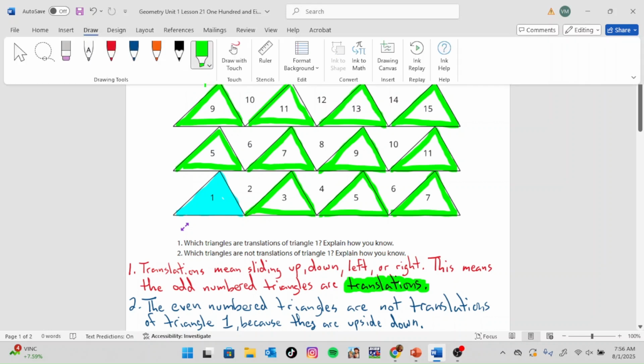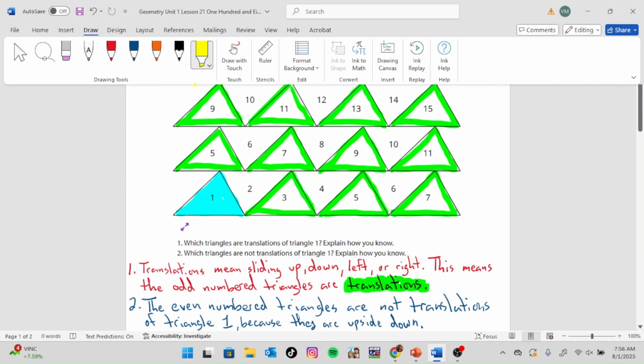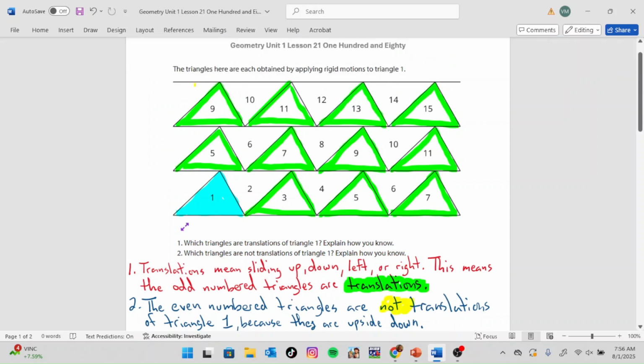So to make this clear, I'm going to highlight not translations in yellow. And that means we're talking about all of the even numbered triangles that I will outline in yellow.